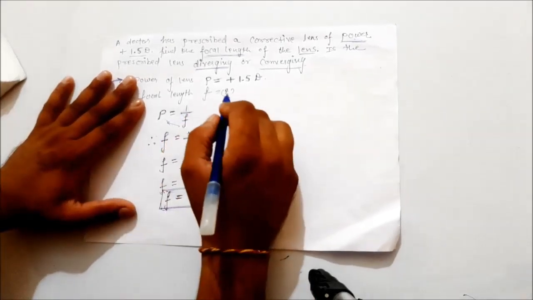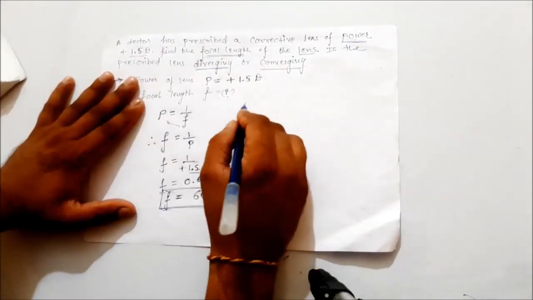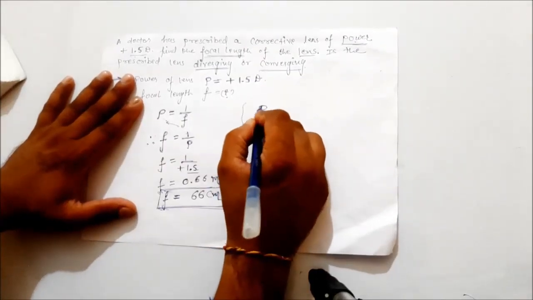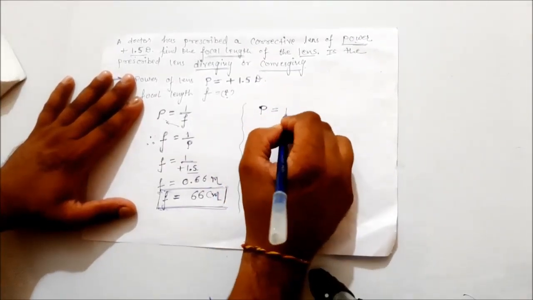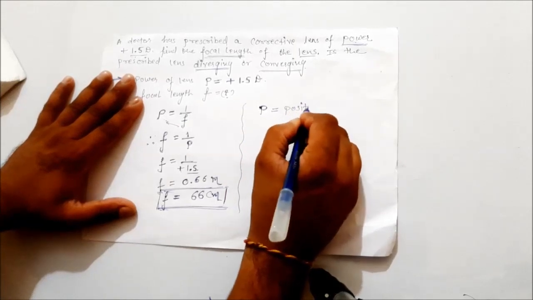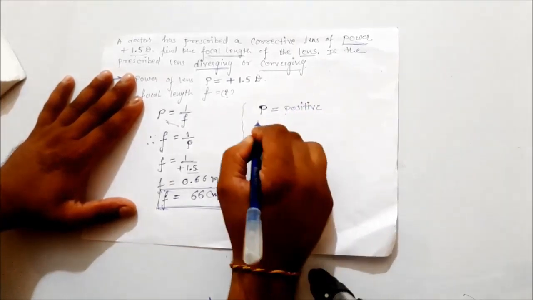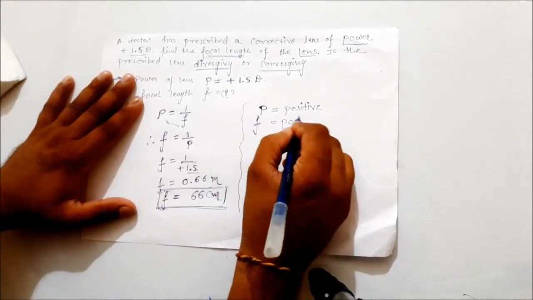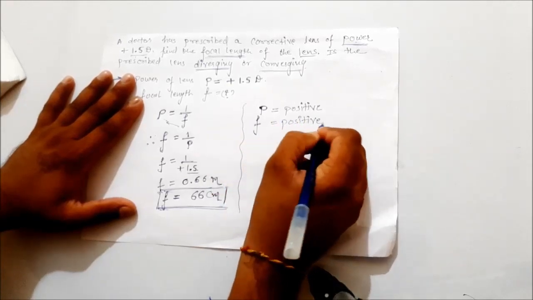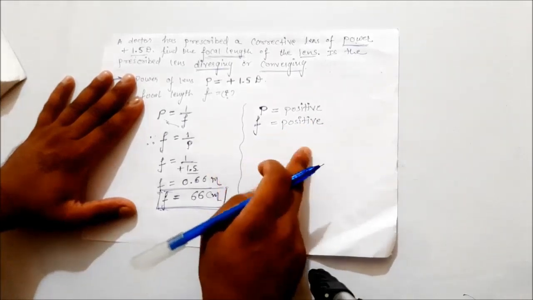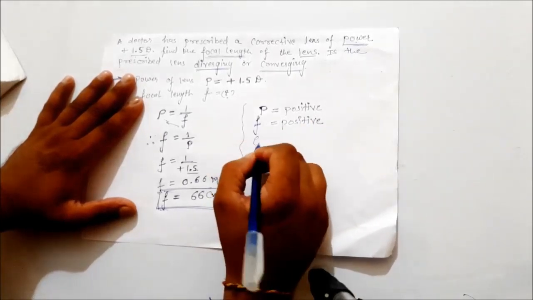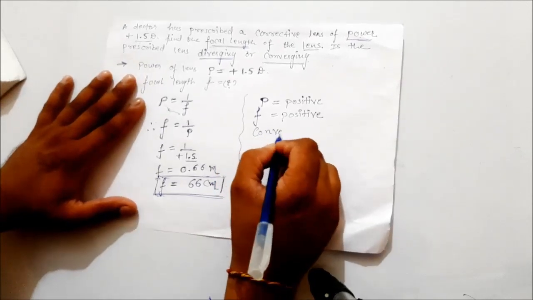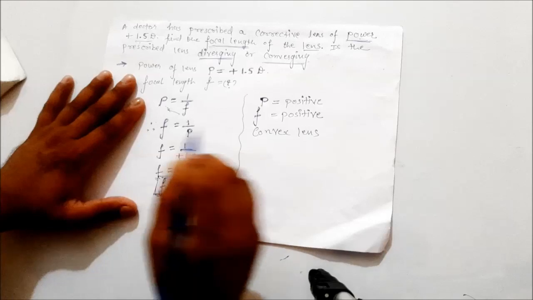Now which type of lens is it? First of all, as we know, our power was positive. So the power of lens was positive, which means the focal length F will also be positive. And if the focal length is positive, this happens only in a convex lens.